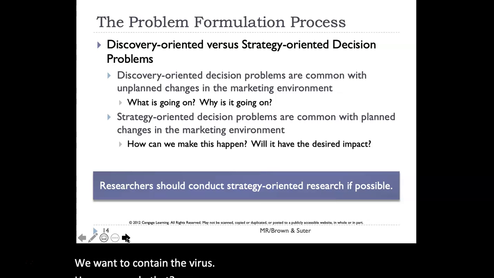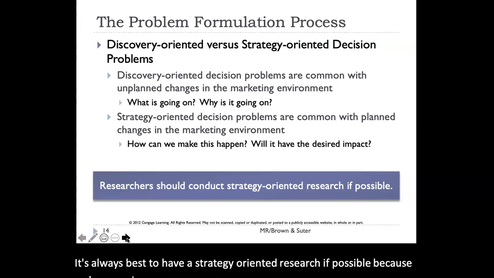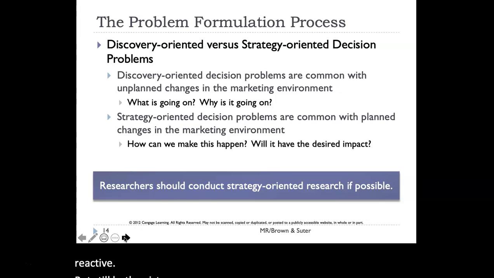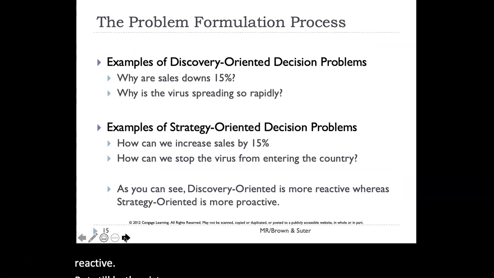And so it's always best to have a strategy-oriented research if possible because we're more in control and it means we're being proactive instead of reactive. But still both exist.